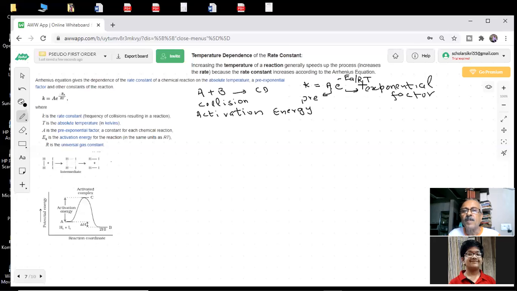There is a most probable kinetic energy also, and statistically one studies the fraction of molecules which have energy equal to or greater than activation energy. There is a graph given by the Boltzmann distribution: the probability of how many molecules have energy less or more than the most probable energy. So here is a catch. The molecules should collide, but they should have activation energy.